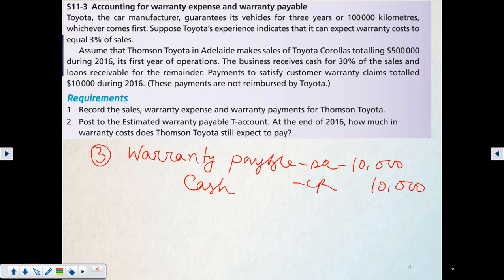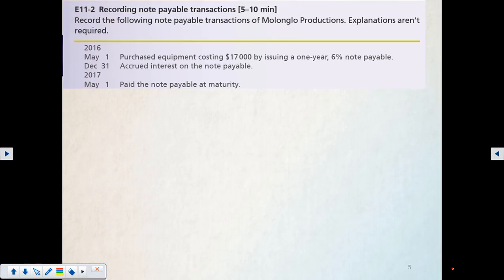It's going to be 5,000, because on the credit side it's already 15,000 and on the debit side another $10,000. Basically there is a credit balance of $5,000 of warranty payable, meaning I will still have to pay $5,000 warranty. So in the exam, if the question is like this, your answer is going to be $5,000.